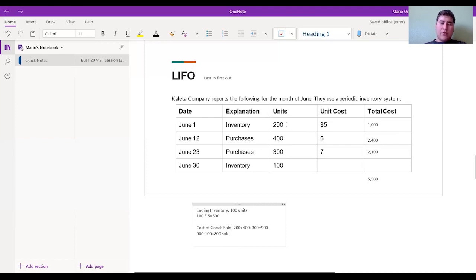We sold only 100 of those units, and 100 of those units will go to the cost of goods sold. The remaining units will go to ending inventory because that's what we have left. We have only 100 units left, and that means we're going to be using that $5 cost to account for those 100 units. Does that make sense?